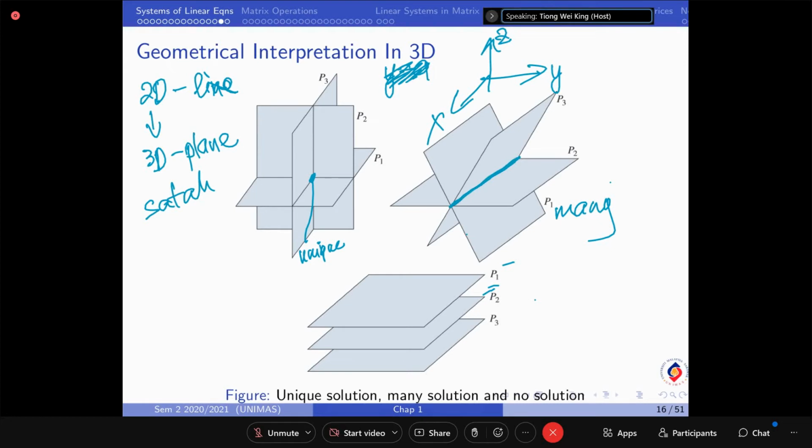So this is our solution. Here, this is our solution. And then for no solution, in this case there is no intersection, no overlapping among the 3 planes. So then this is no solution. Okay.